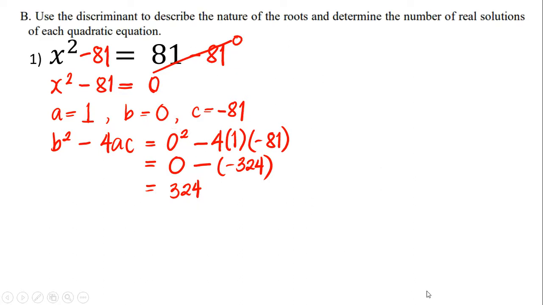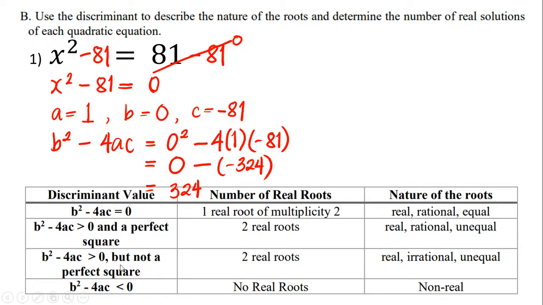So, it falls under the category greater than 0 and a perfect square. Katulad nitong nasa second row. Ibig sabihin, there are two real roots, and they are two real, rational, and unequal roots.